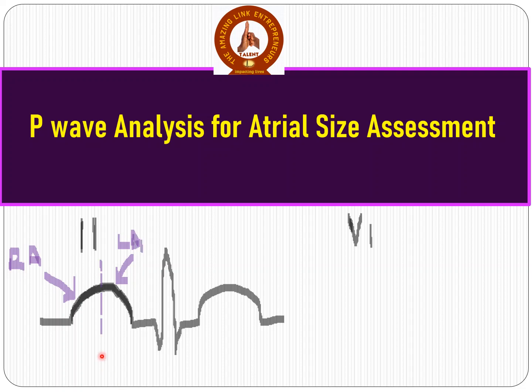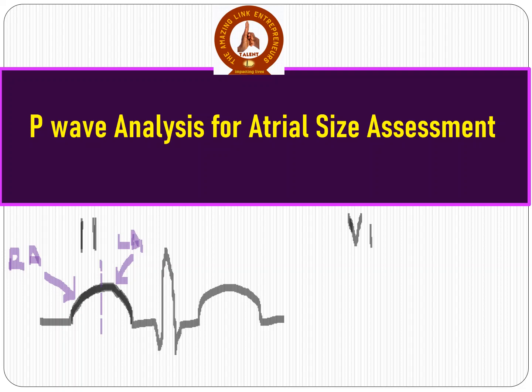So the unique configuration of a monophasic P wave with rounded contour is a summation of the right atrial depolarization wave and the left atrial depolarization wave.